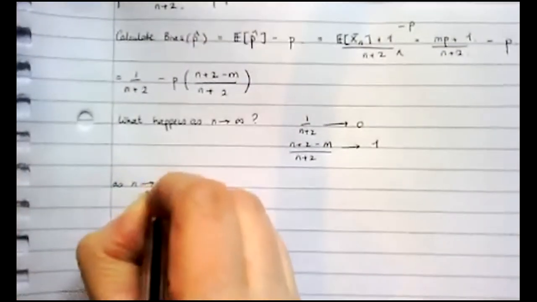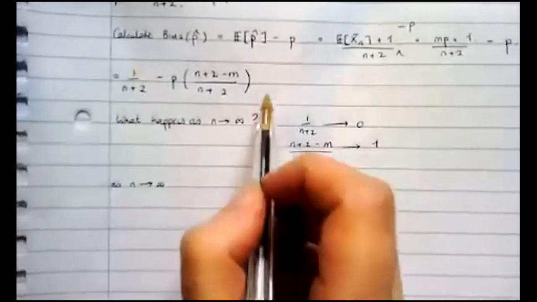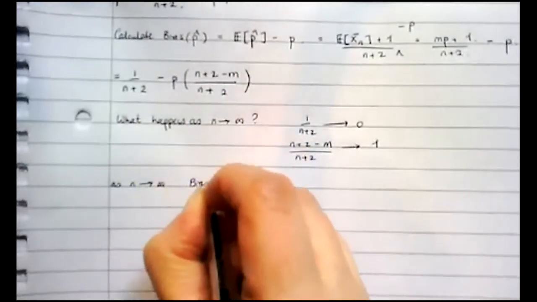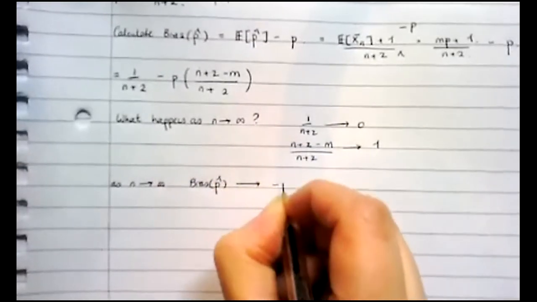Okay. So as n tends to infinity, the bias is asymptotically going to be equal to minus p, because I'm going to have 0 here and 1 here. So that's an asymptotically biased estimator, isn't it?